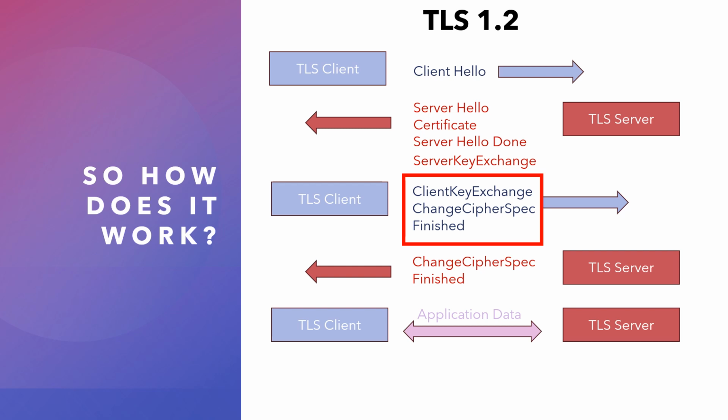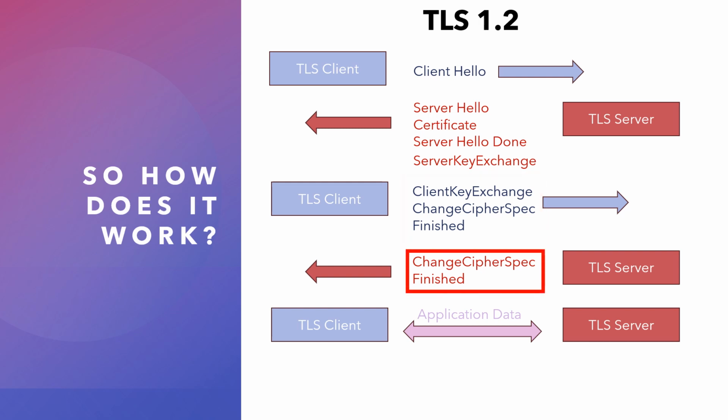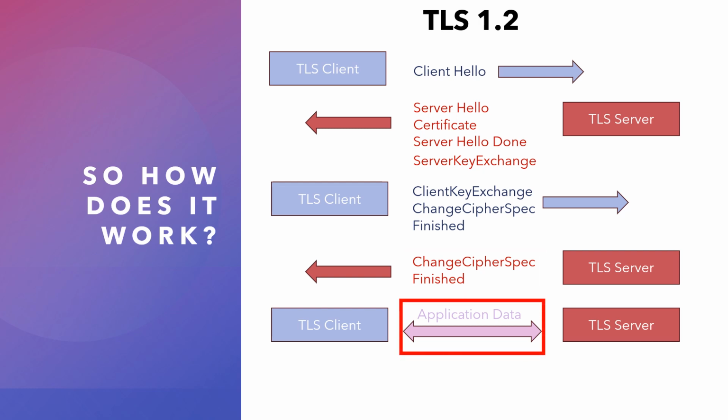Once you receive my half of the Diffie-Hellman key exchange, please only send back encrypted messages. To which the server will respond with its own change cipher spec message, letting your computer know it understands and will from now on only send messages using the encryption being done with the symmetric key. From this point on, the handshake is complete.